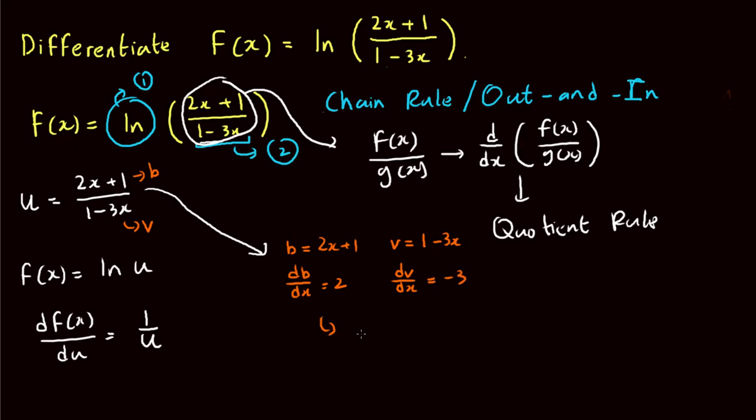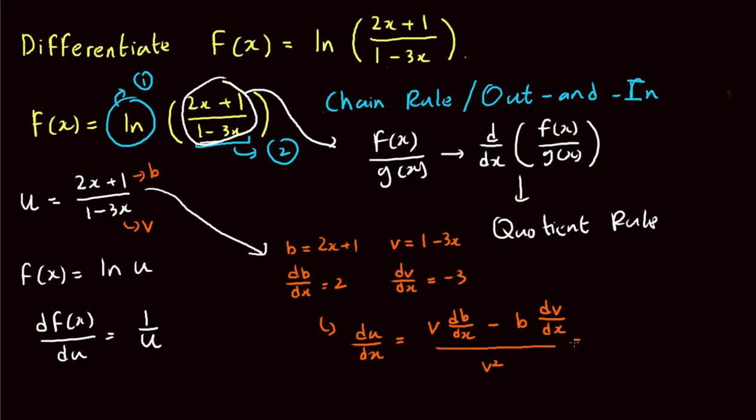So if we do the quotient rule to find du/dx, du/dx is simply (v db/dx - b dv/dx) over v squared.